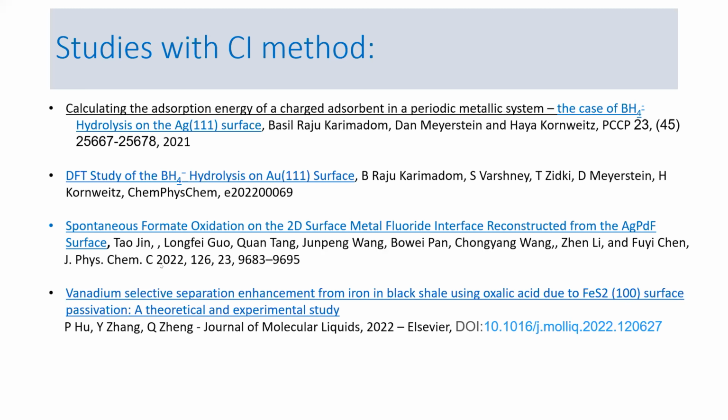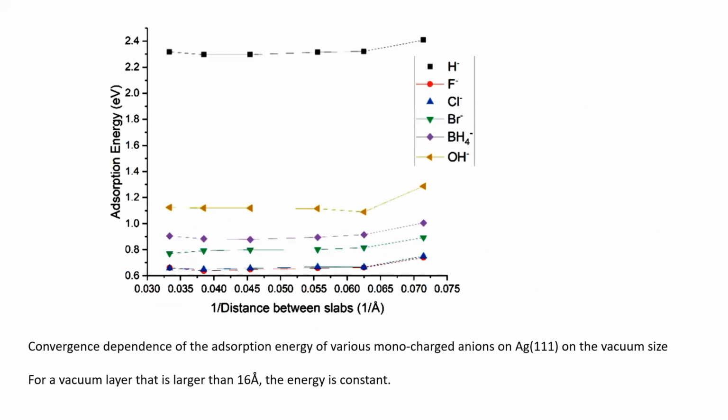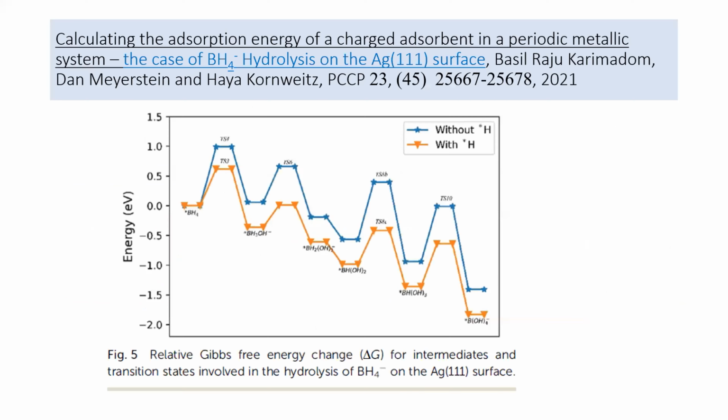We published this method a year ago, and two other groups used it this year. One group used it to calculate the adsorption energy of formation on a metallic surface. The other group used it to calculate the oxidation on a non-metallic surface.